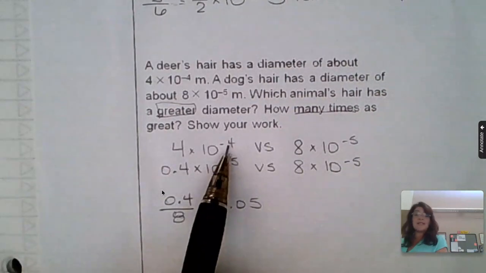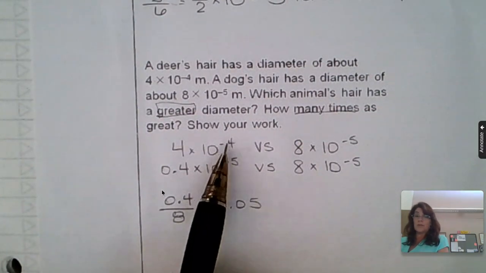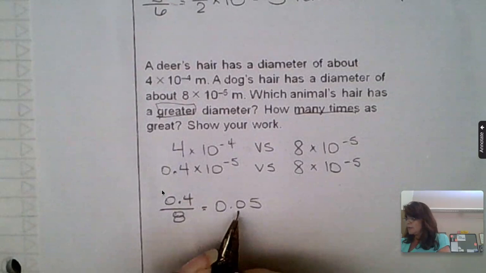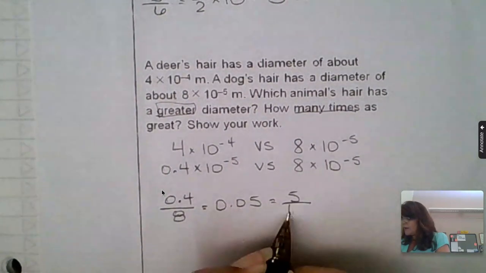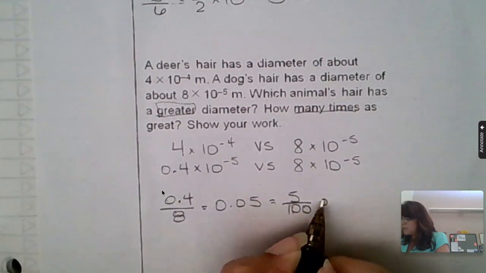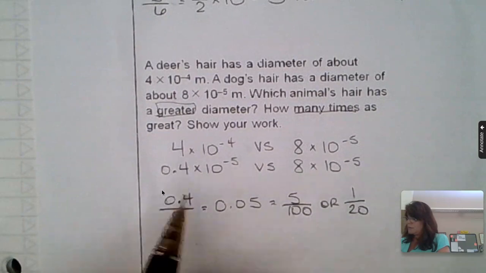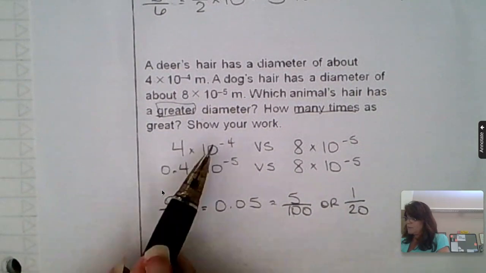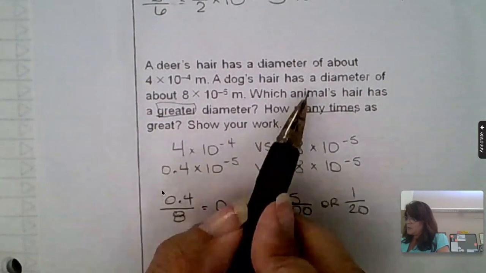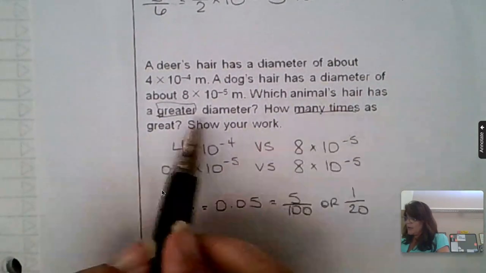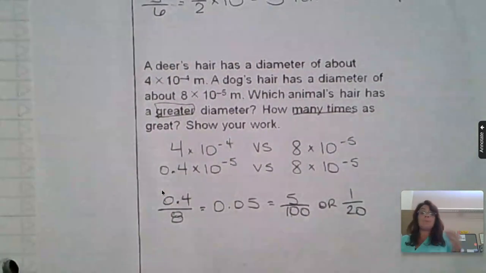Well, the one with less exponents is going to be smaller by a decent amount. Okay, this is 5/100ths or 1/20th. Okay. So which animal's hair has the greater diameter? Okay, which one is bigger?